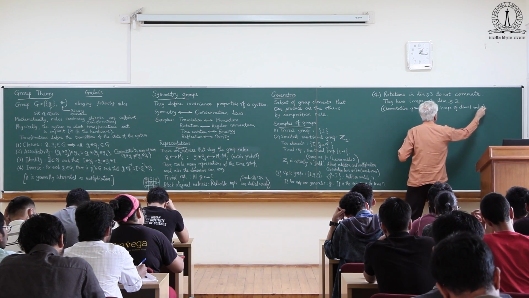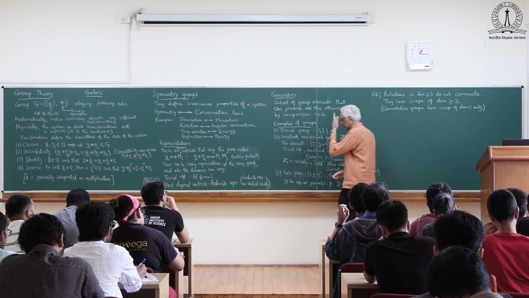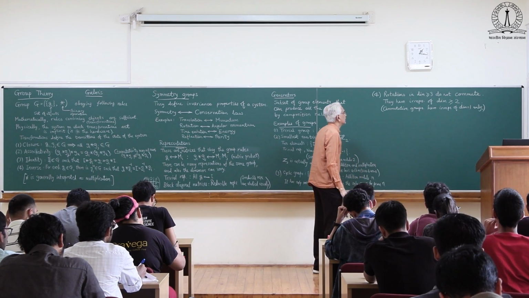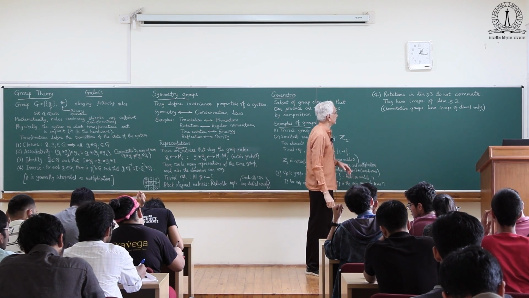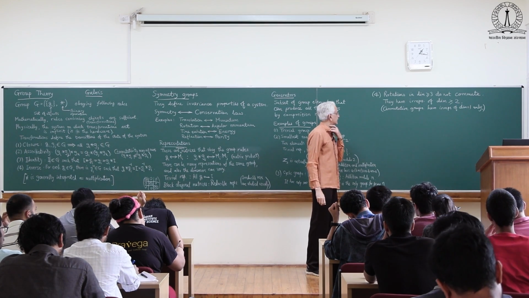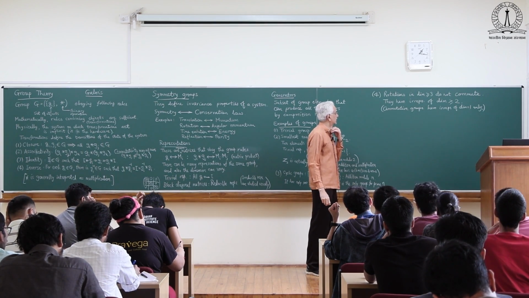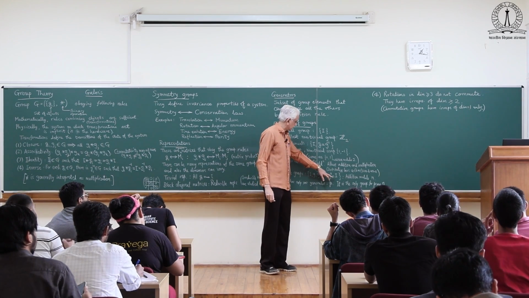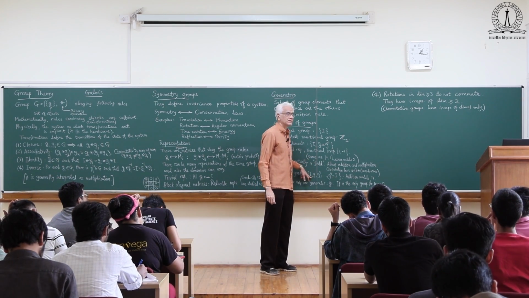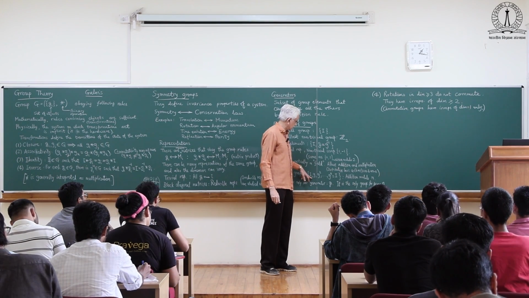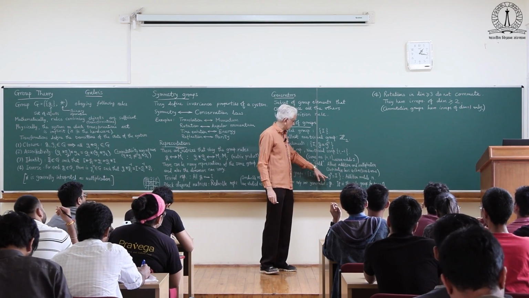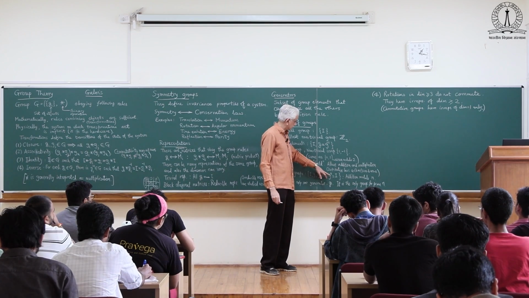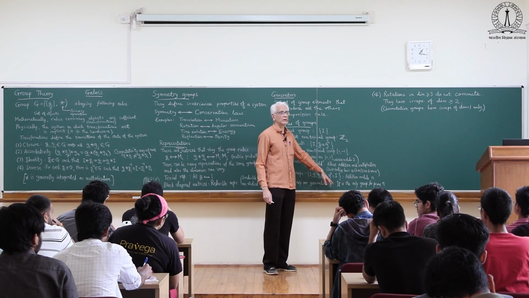They are not really matrices. If you have a commutative group, they are numbers. But even with numbers, you can do lots of non-trivial things. For example, if you want to find representations of these things, you will need numbers whose nth power is equal to 1.